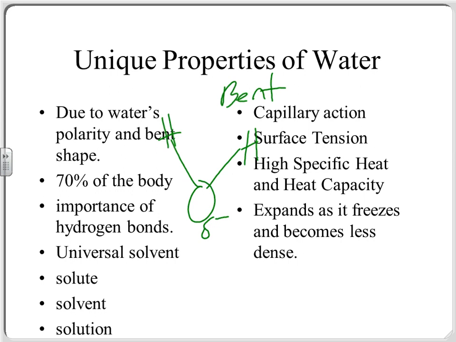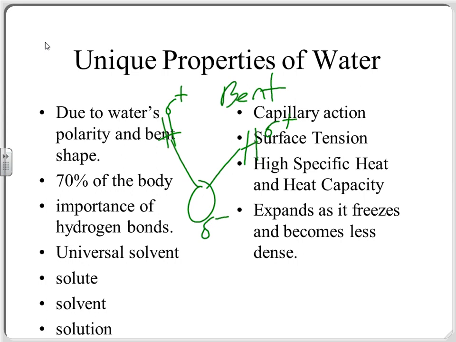Remember, that's sigma. It means a little bit negative. And the hydrogen's electrons get pulled away from them, so they become a little bit positive. So water has a distinct negative end and a distinct positive end. And what do we call things like that? Not so much antipathic, just polar. They have ends. That's what polar means, right? They have sides. It has a positive side and a negative side. It's polar.